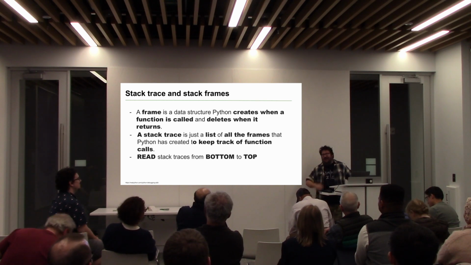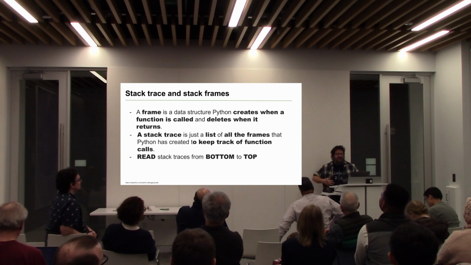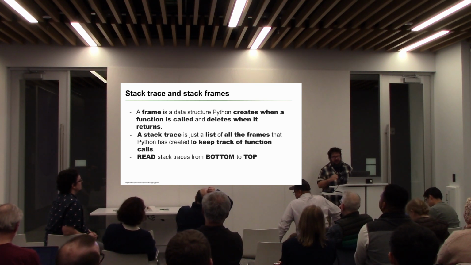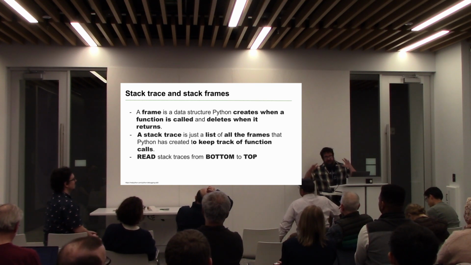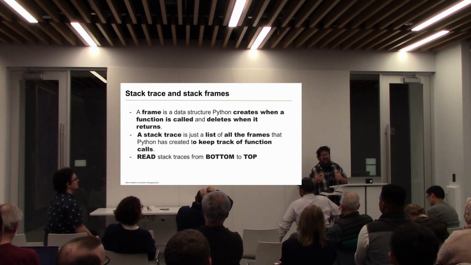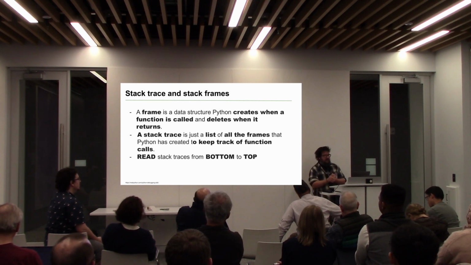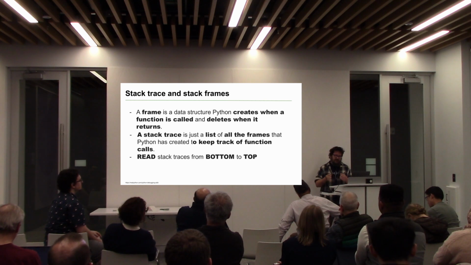I already created a slide, so let me talk about this. A frame is a data structure that Python, the interpreter, creates every time a function is called. And Python itself, you don't have to do anything, will destroy that frame once the function returns. That's the first concept. The second concept is what a stack trace is.